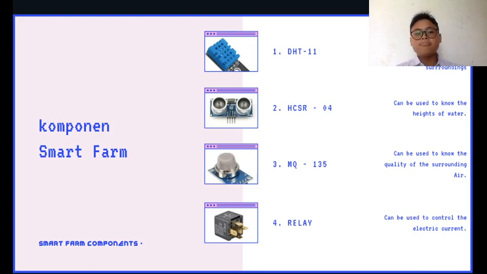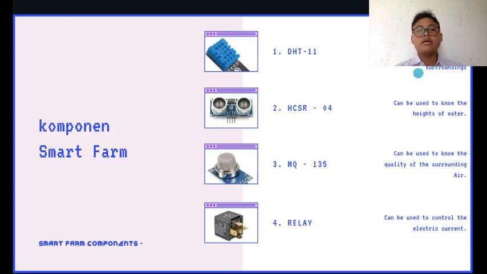Okay, so now these are the components of the smart farm. The smart farm has four components. It has DHT11, HCSR04, MQ135, and a relay. Basically, DHT11 is useful for the temperature and humidity of the surroundings.